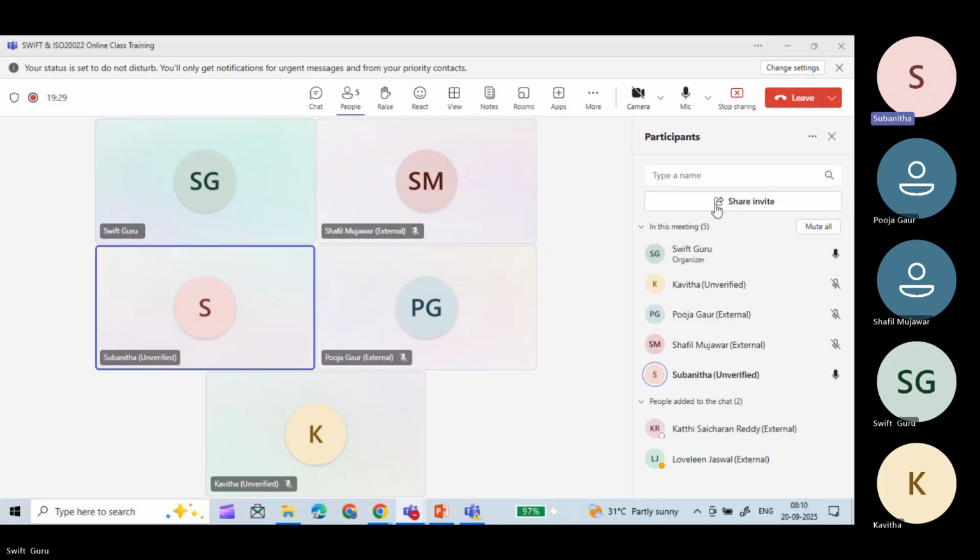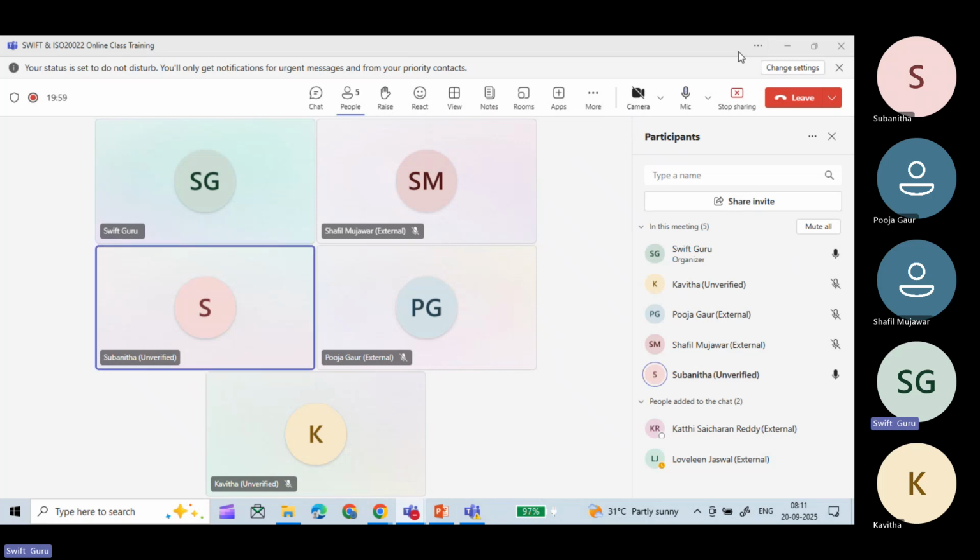If you don't mind, can I get your... Yeah, Subhanita, my name is Dinesh Kumar. I have 12 years of experience in the IT industry as a business consultant, and I have been working in the payments domain all throughout my career. I got an opportunity to work with multiple banks like Standard Chartered Bank, Morgan Stanley, and one of the Middle East central banks, SAMA, the Central Bank of Saudi Arabia.